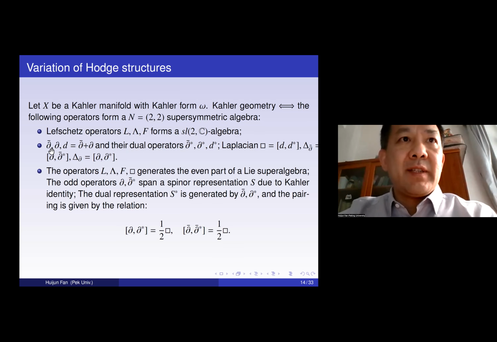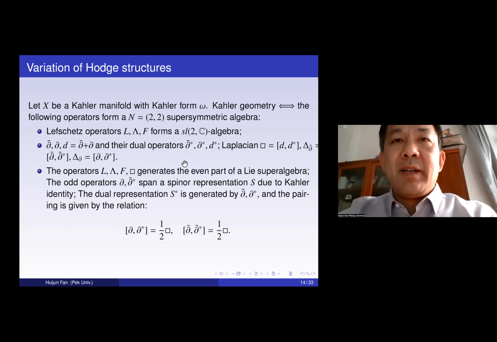And then, because it's a complex manifold, you can consider the d-bar operator, the partial operator, and the real exterior differential, which equals d-bar plus partial. And because you have the metric, you can use them to define the dual operators d-bar star and partial star and d star. You can get the Laplacians, the real Laplacian, and also the complex Laplacian defined by the d-bar operator.